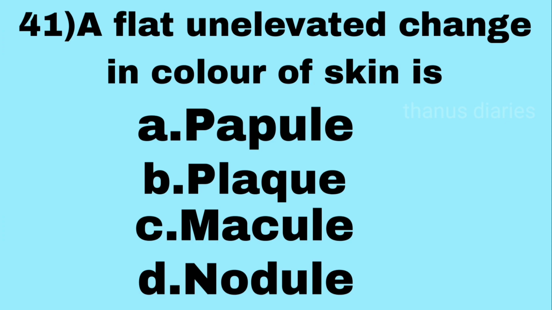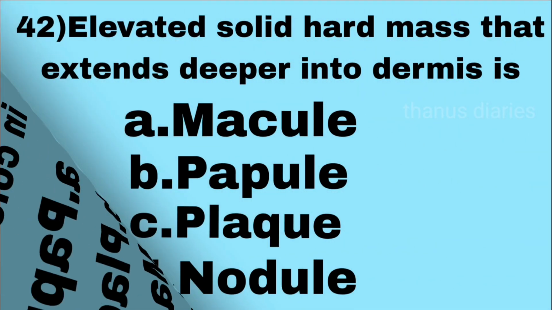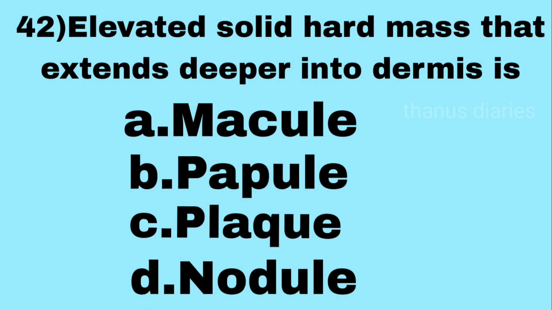A flat, unelevated change in color of skin: papule, plaque, macule, nodule. The answer is macule. An elevated solid hard mass that extends deeper into the dermis is: macule, papule, plaque, or nodule.